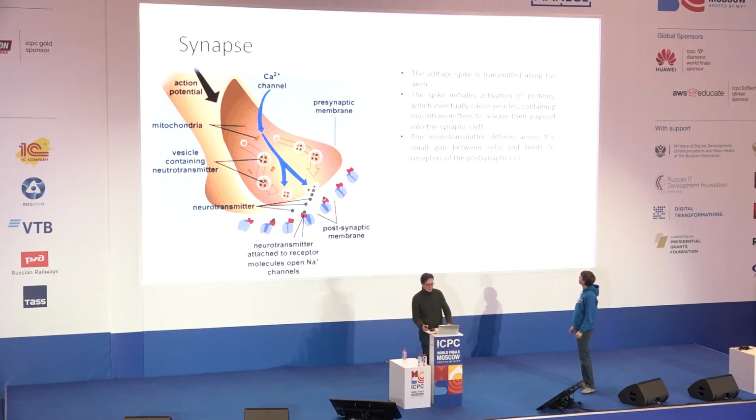Actually, I forgot to talk about what the weight means in neuroscience. In the image, you can see that there are several receptors on the postsynaptic neuron, and there are some neurotransmitters released in the synaptic gap. Different synapses have different numbers of receptors, and they inject different amounts of neurotransmitters.